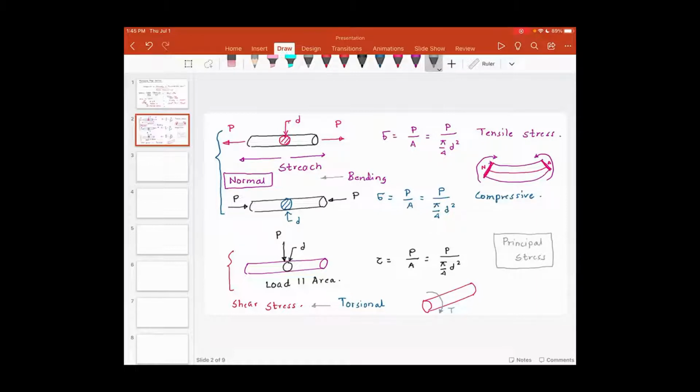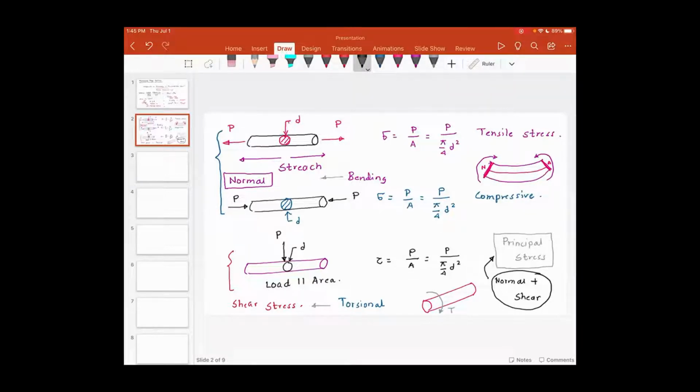Now, what happens in the case of principal stresses? Both normal and shear stresses are acting simultaneously. So you have normal stress plus shear stress. And these two stresses give rise to principal stresses.